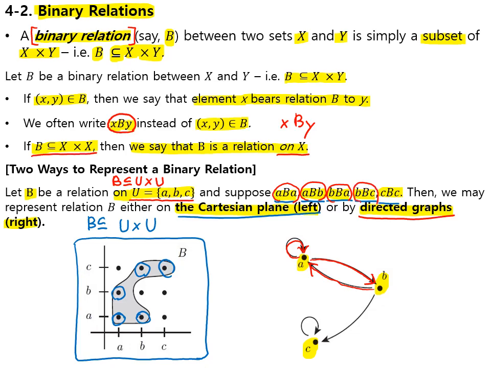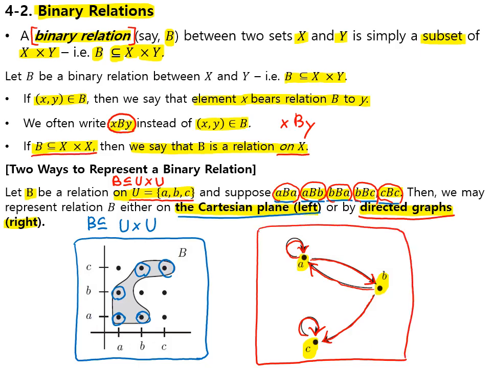B is related to C is represented by this arrow, and the fact that C is related to itself is represented by an arrow pointing towards itself. So this is another representation of the binary relation B.